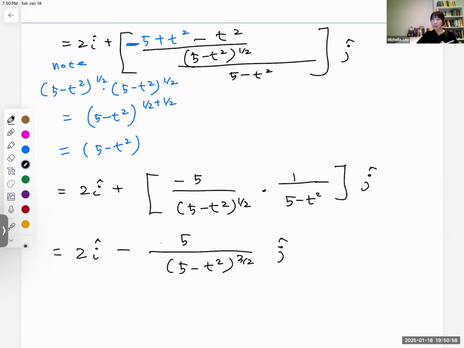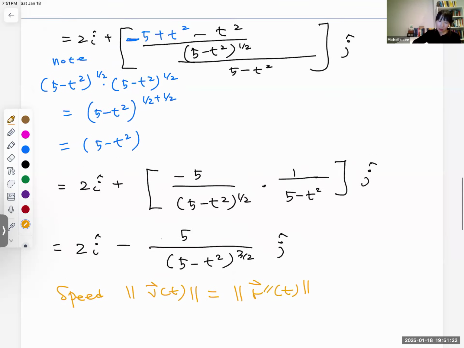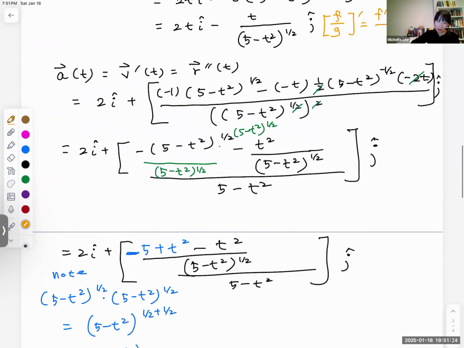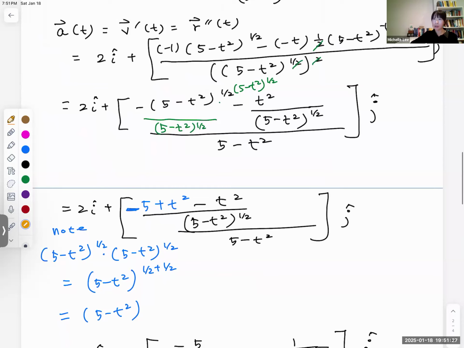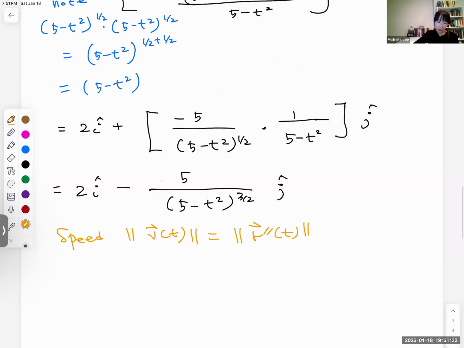Is that okay? How about speed? So speed is the magnitude of the velocity vector, which is the same as the magnitude of r second prime of, right? Okay, so let us print r prime of t. Oh, I made a mistake. It's r prime of t, not the r second prime.